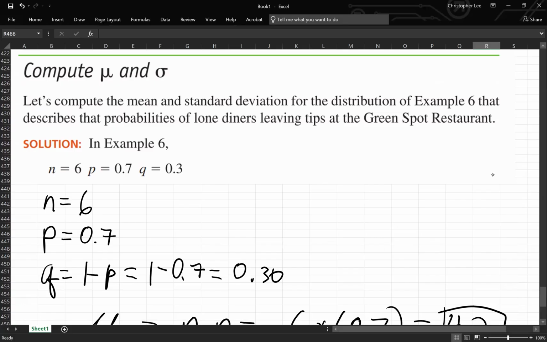The homework is going to ask you what is the expected value, what is the standard deviation.